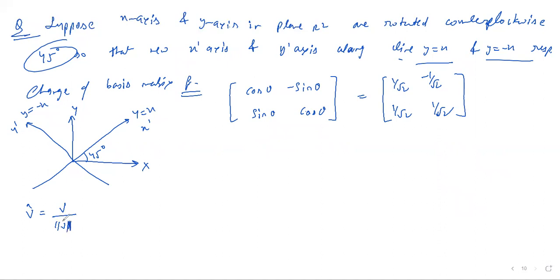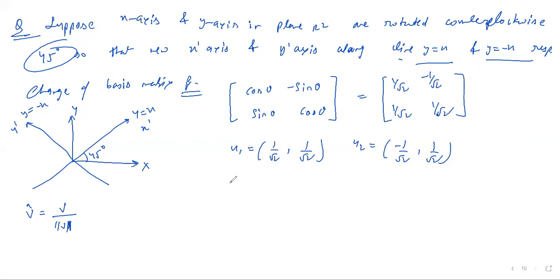Here the unit vectors in the direction of the x dash and y dash axes are u1, 1 by root 2 and 1 by root 2, and similarly u2, minus 1 by root 2 and 1 by root 2. As the norm of these is 1, they are already unit vectors.